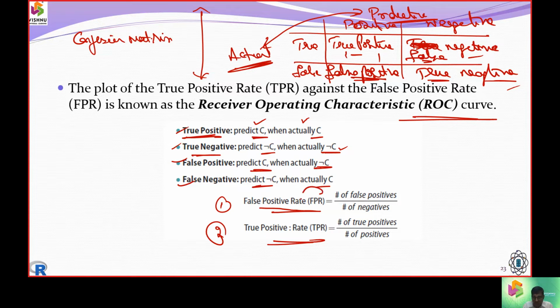First, the false positive rate is the total number of false positives divided by total negatives. Similarly, the true positive rate is the total number of true positives divided by total positives.